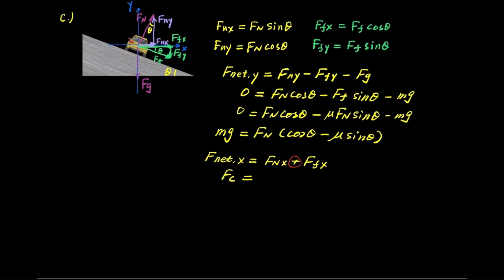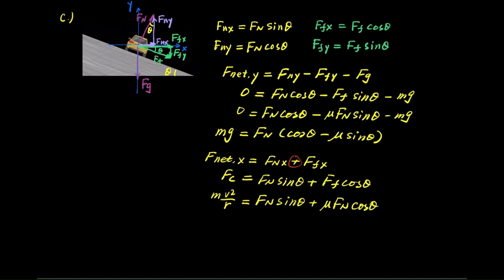So we have Fc equals Fnx, which is Fn sine theta, plus Ffx, which is Ff cosine theta. And Fc is mv squared over r, equals Fn sine theta plus Ff, which is mu Fn cosine theta. Let's factor out Fn on the right side. So we have mv squared over r equals Fn times sine theta plus mu cosine theta.